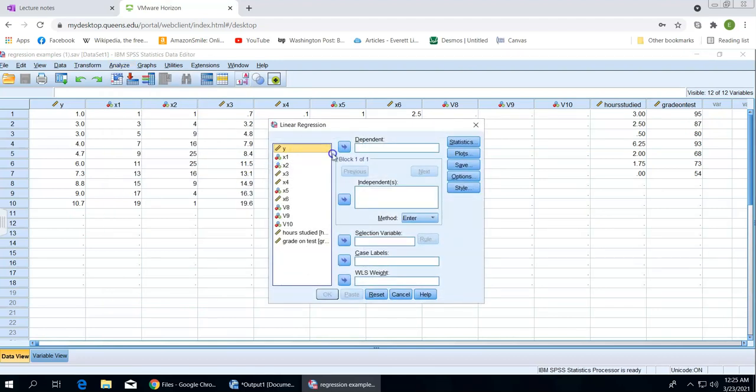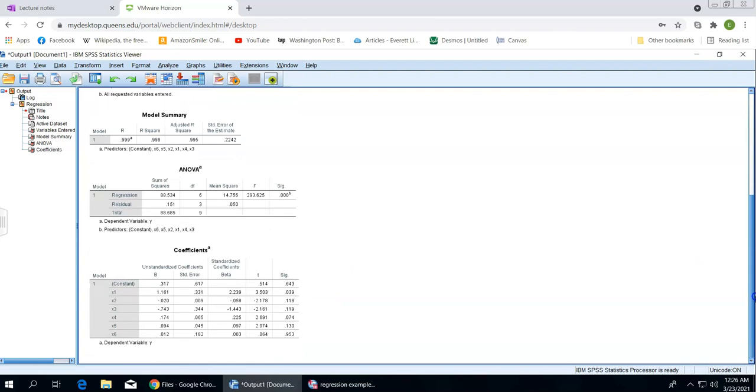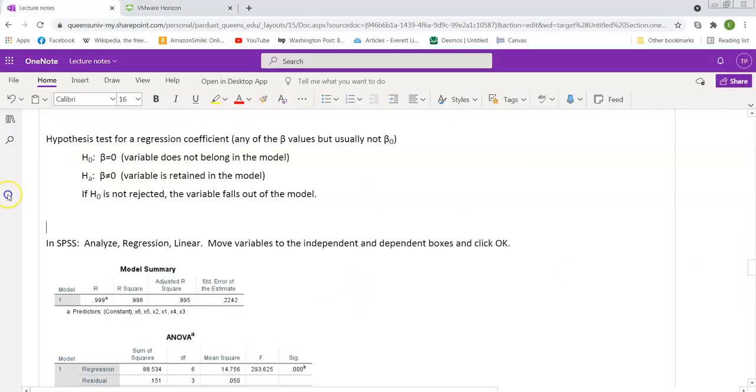And we're going to put our y variable in the dependent box. And any x variables we want are going to go in our independent box. Okay, so x1 through x6 are our independent variables here. So we're going to put that in the independent box. And then we're going to click OK. All right, so we get this output, which I've already copied over here.